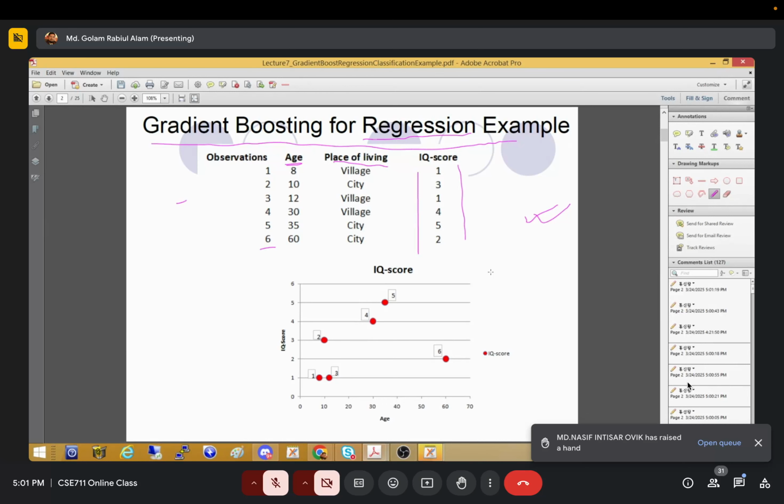Now, the gradient boosting regressor is one of the nonlinear regressors.